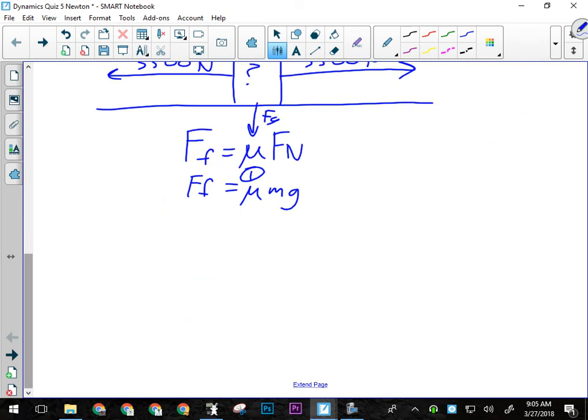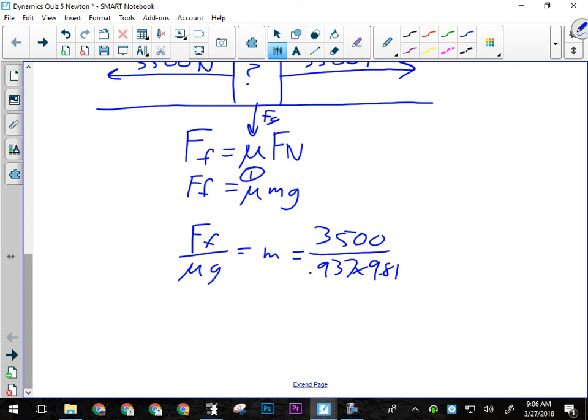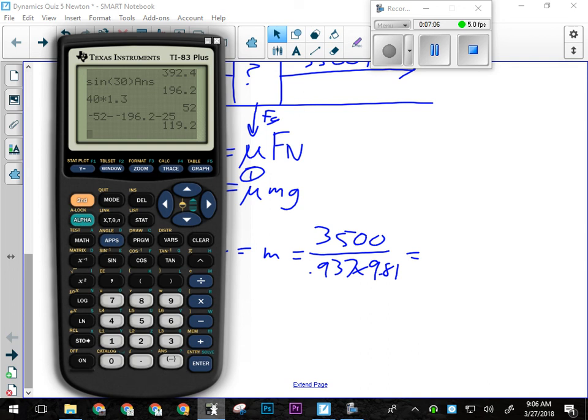So I've got to solve for m. That's going to be force of friction divided by mu g equals m. So that'll be 3,500 divided by 0.937 times 9.81.